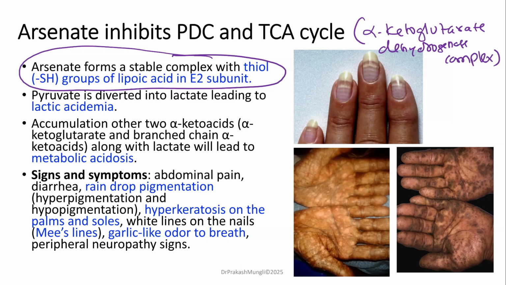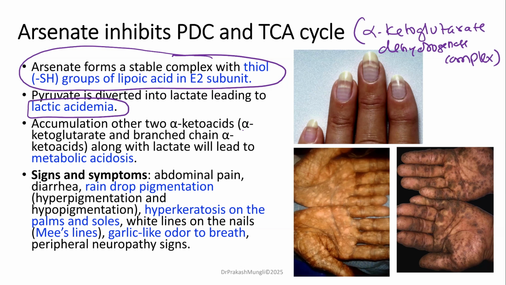Look at that. Important. Because it is inhibiting pyruvate dehydrogenase complex, pyruvate is not oxidized to acetyl-CoA. That means pyruvate goes into lactate. So there is a lactic acidosis. Lactic acidemia means lactic acidosis. Okay, so there is accumulation of alpha keto acids, the other two alpha keto acids also, because those enzymes are also inhibited, since they also have the E2 subunit, lipoic acid.